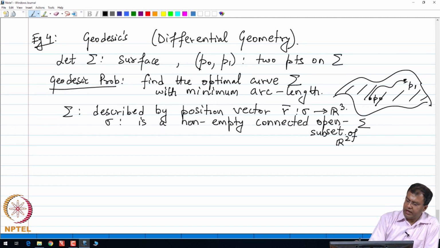So, sigma is a subset over the class of all these surfaces, which is a subset of R2.